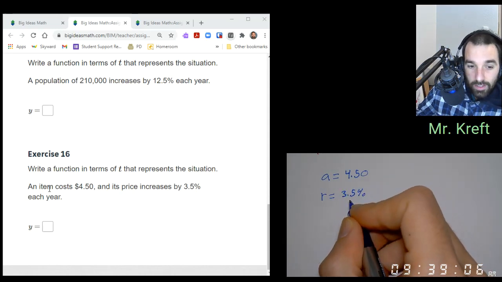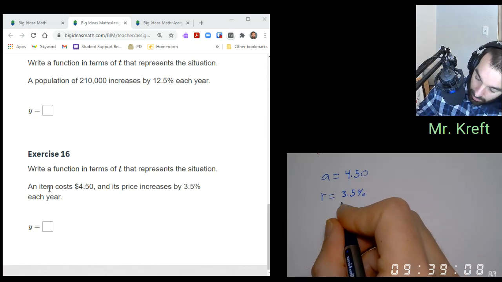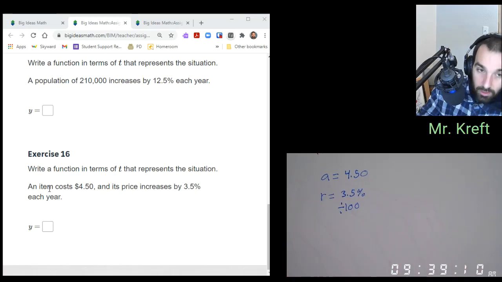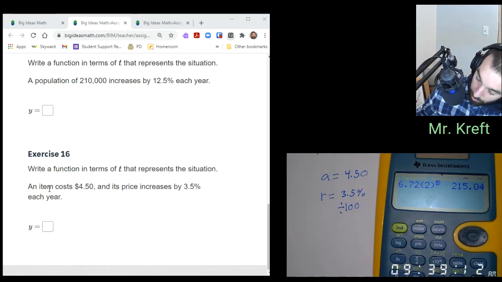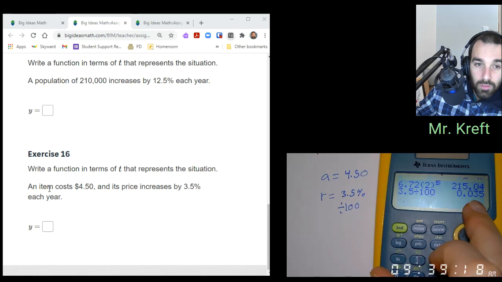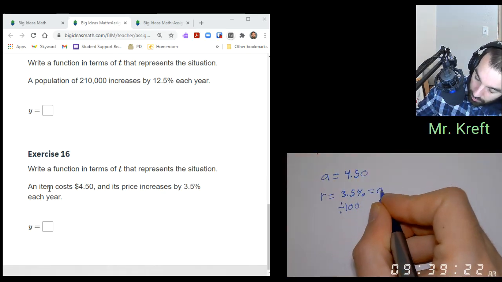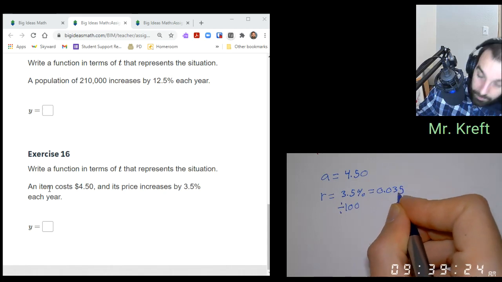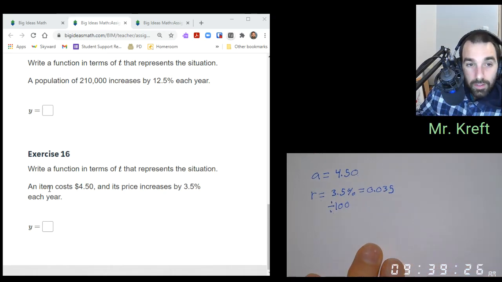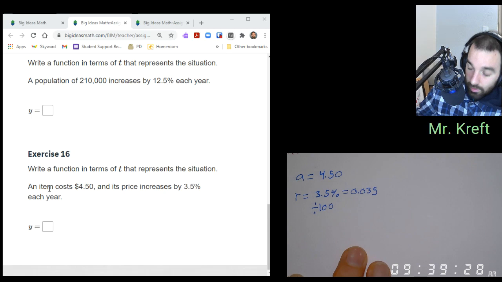I want to find this as a decimal, so the first thing I need to do is divide this by 100. If I take 3.5 divided by 100, I get 0.035. So this as a decimal is 0.035.